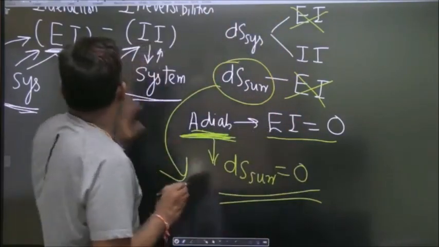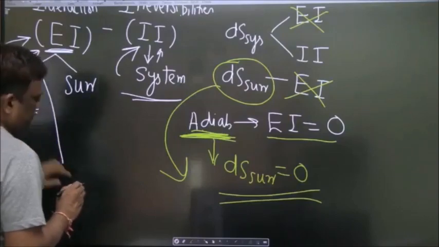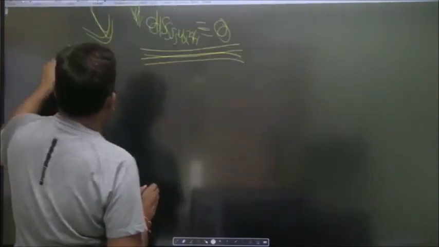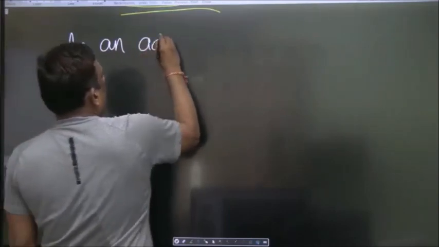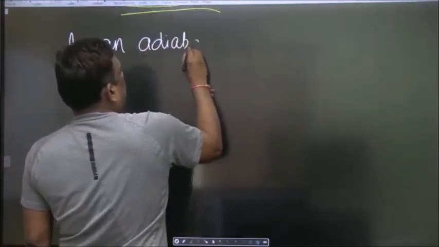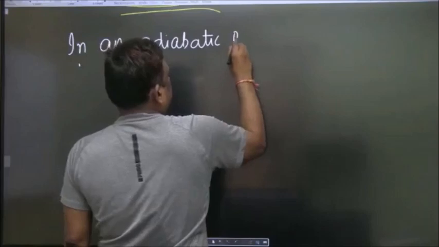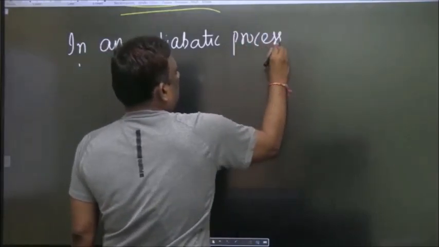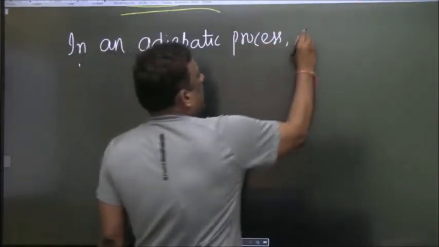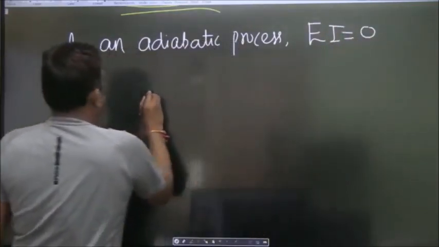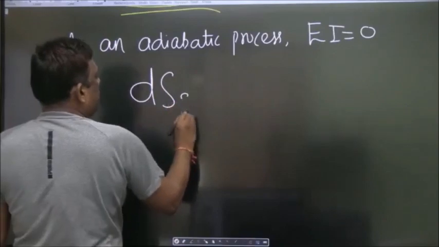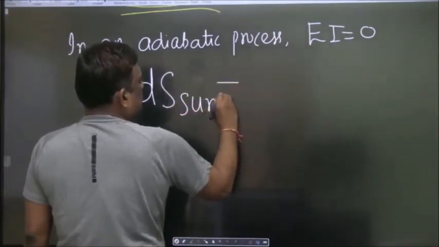So the golden sentence that I am giving now is one of the important statements, and please keep it in a box. In an adiabatic process, as the external interaction is zero, the surrounding entropy change is zero.